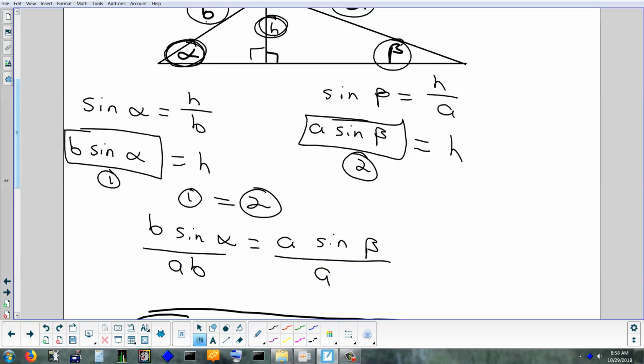Divide by B. So if I divide both sides by AB, the A's cancel out there, the B's cancel out there, and what I'm left with is sine of alpha over A equals sine of beta over B. And that is the law of sines.